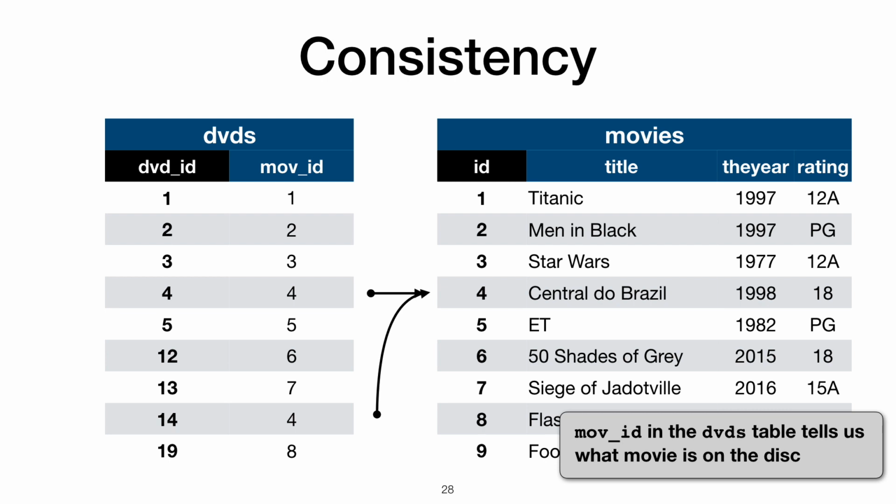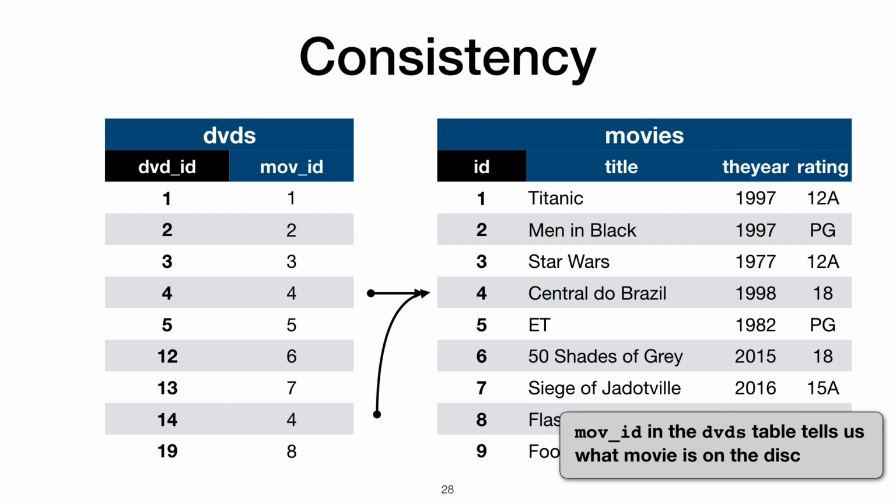Now, we still have some work to do in terms of the consistency of the database, though. So if we go back now to our DVDs table and our movies table, we've seen here that DVD 4 is movie 4, which is Central do Brasil, and DVD 14 is also movie 4, also Central do Brasil. And that's fine. And the movie ID in DVDs tells us what movie's on the disc.